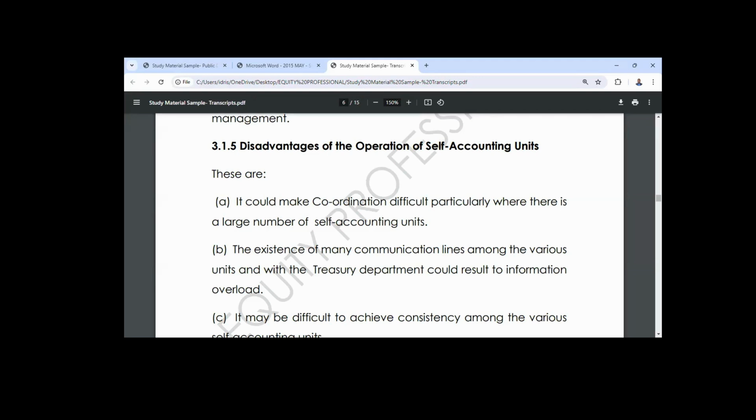Another one, the existence of many communication lines among various units and with Treasury Department could result in information overload.